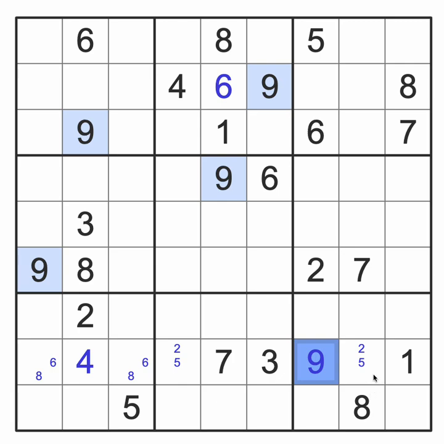And that means 9 and 9, they block these, and this 9 blocks here, gives me 9 here. This 9 blocks here, 9, 9 here, block these, and this 9 blocks here, so 9 comes in here.